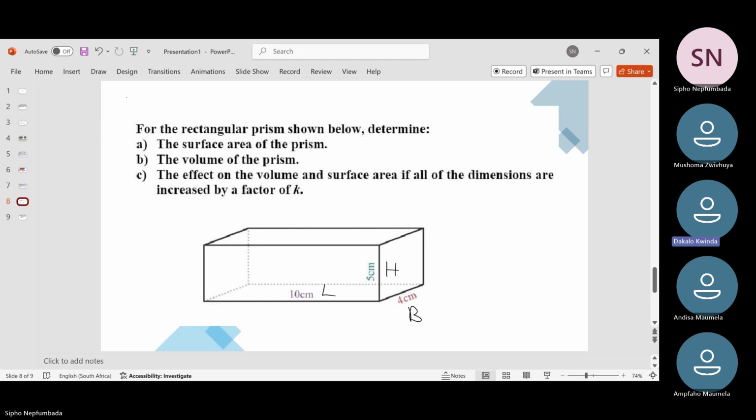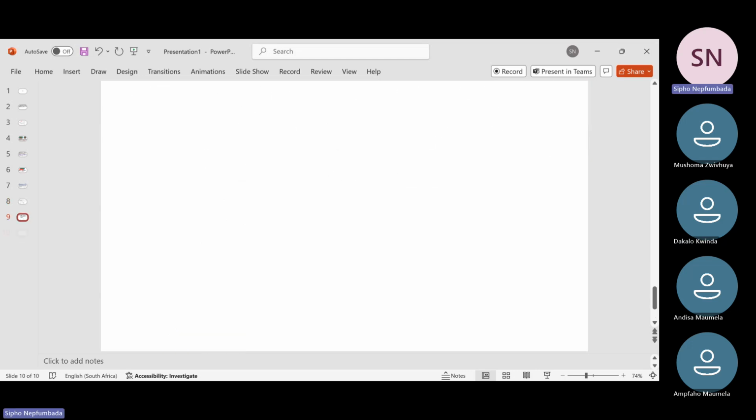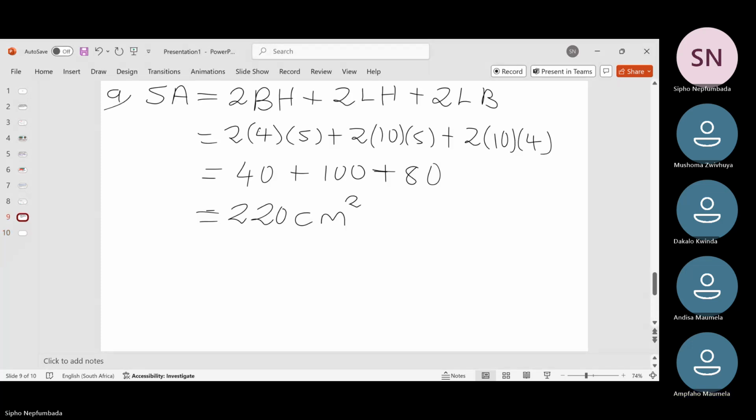The volume of the prism. What is the volume of the prism? Volume is equal to length times breadth times height. Good.